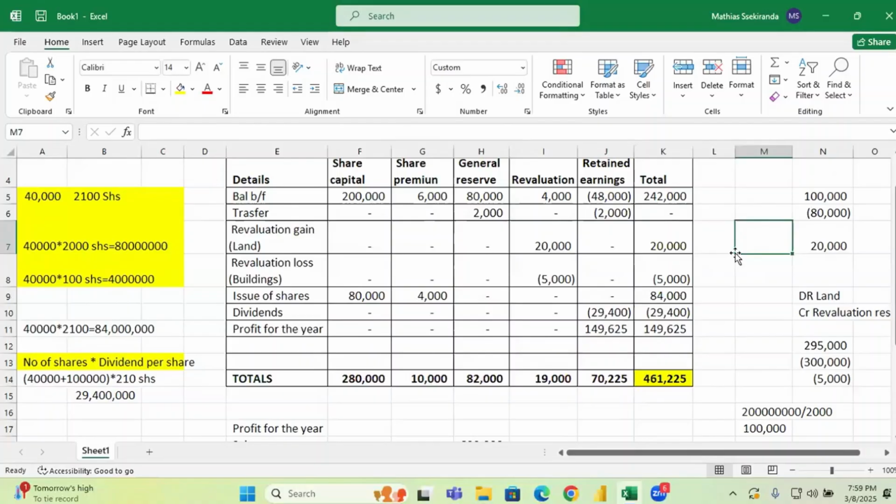So we did this statement last week, but it was a bit short. It was carrying 2 marks. So I felt we have to do a detailed statement so that it gives us more insights about a statement of changes in equity.